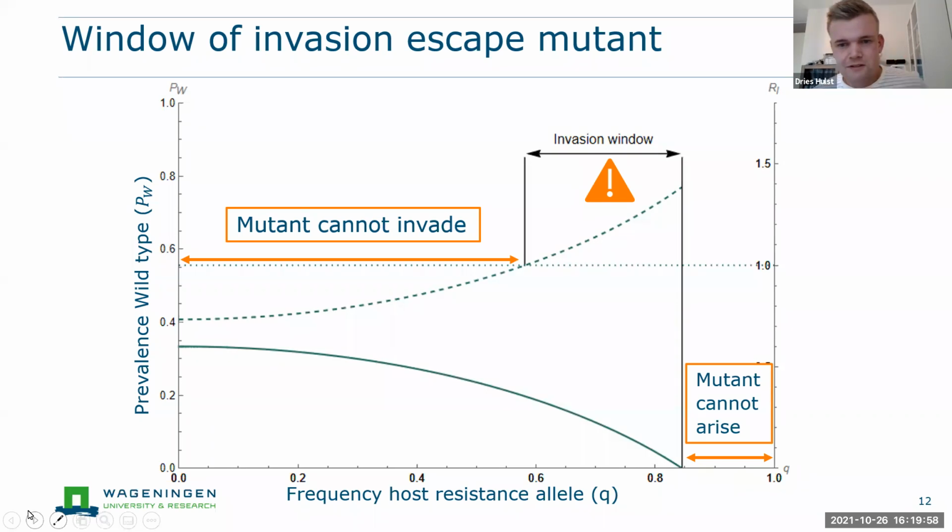And that's of course the area of interest, because the problem is that when you are selecting, you will probably increase the frequency of host resistance, in this case to 2.7 or so. When you stay there, you see that the prevalence has gone down quite a bit, but at a certain point a mutant might arise that can still infect other animals, and then your whole effort put into the genetic selection is, let's say, diminished by the escape mutant.